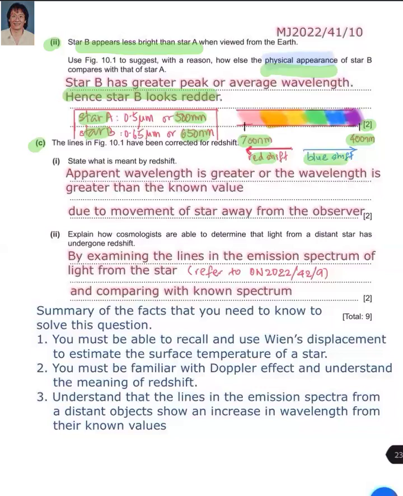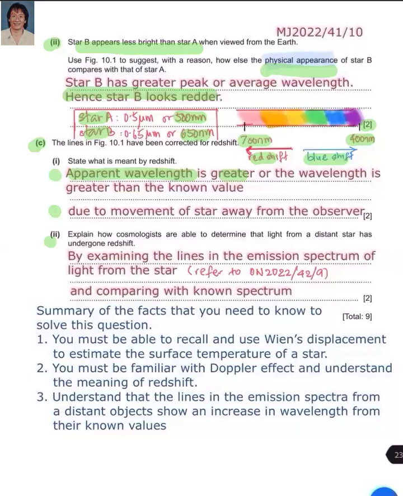Redshift means that the apparent wavelength is greater than the known value. Known value refers to the value of the same line on Earth, due to the movement of the star away from the observer. This is how you get 2 marks. The first mark is for the apparent wavelength being larger, and the second mark is due to the movement of the star away from the observer.